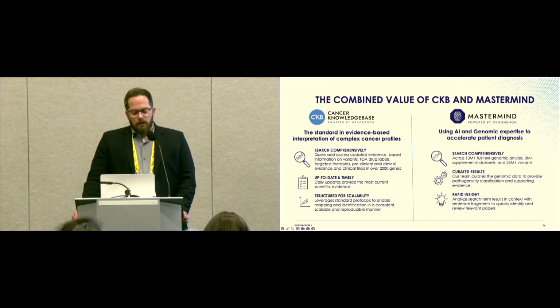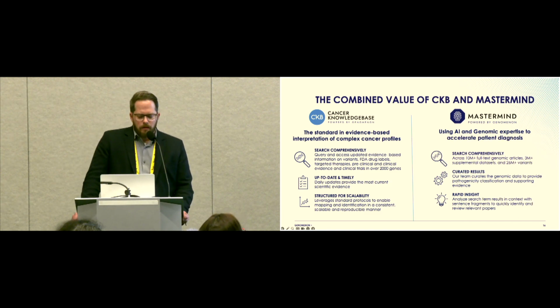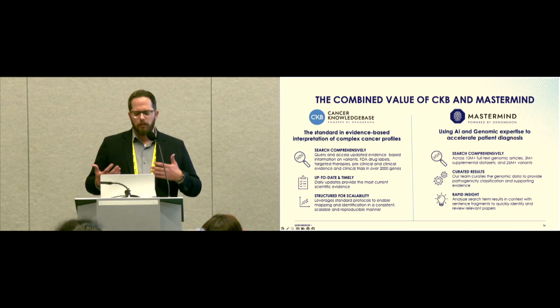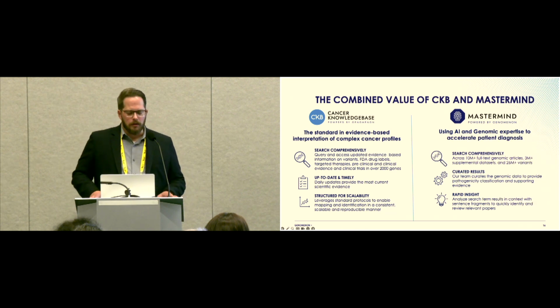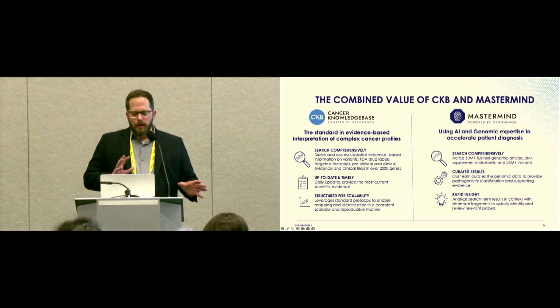So there's a great combinatorial value of bringing those two groups, the CKB group and the Mastermind group at Genomenon, together. I want to spend a little bit of time talking about this to show you that complementarity.